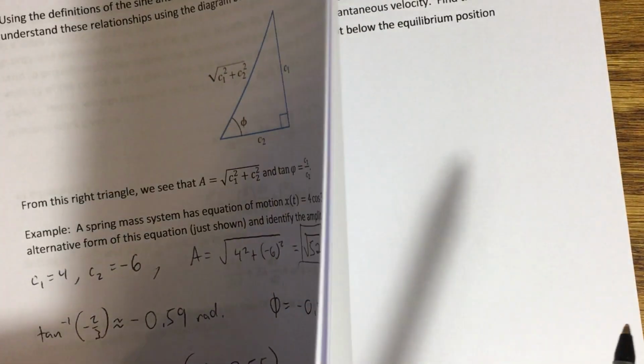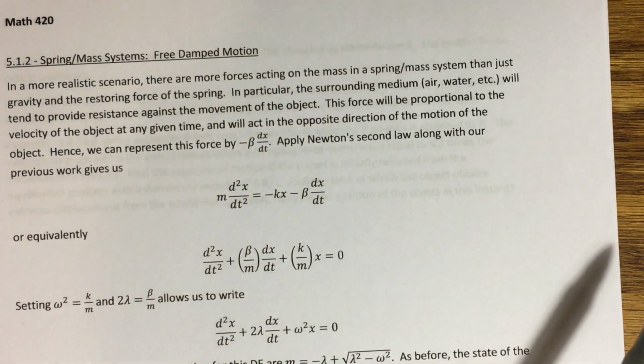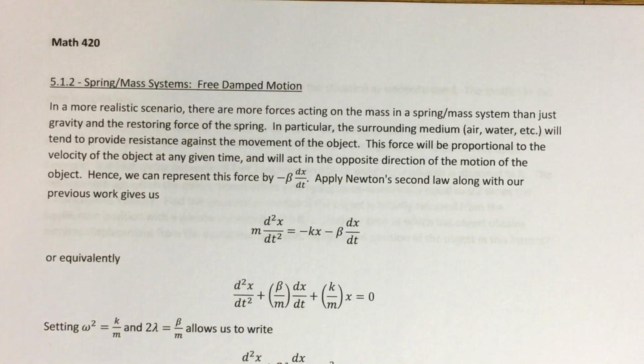Okay? All right. We're going to move on to another version of what we have been talking about up until this point, still spring mass systems, but what we're going to do is increase the resolution of our model.